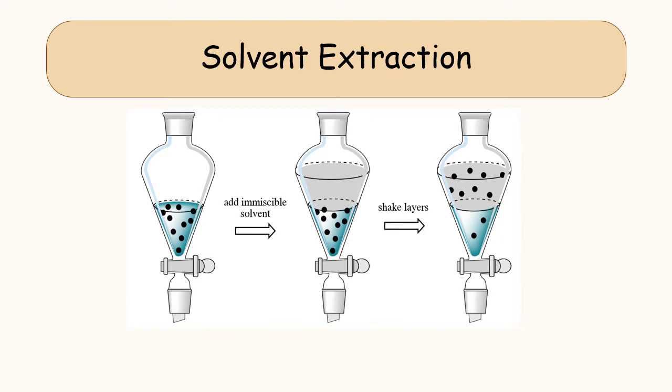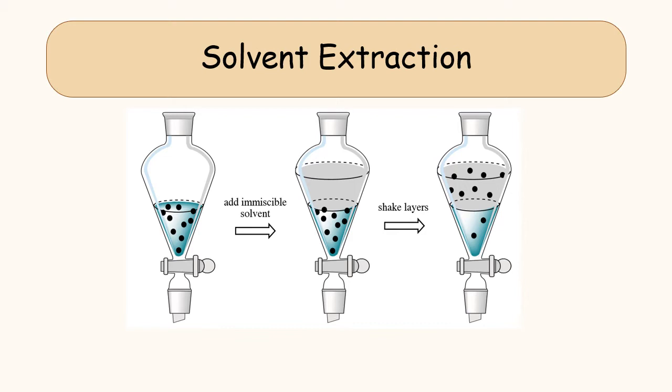That bit of equipment is called a separating funnel, and we'll talk about this in more detail later on. But what you can see is the black dots are representing our compound, and it's dissolved in one solvent in this separating funnel. We add in our second solvent to the top, and you can see that you form layers.